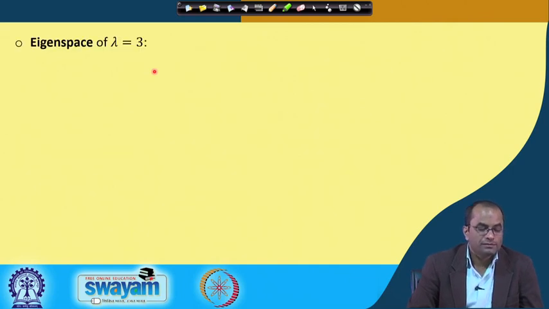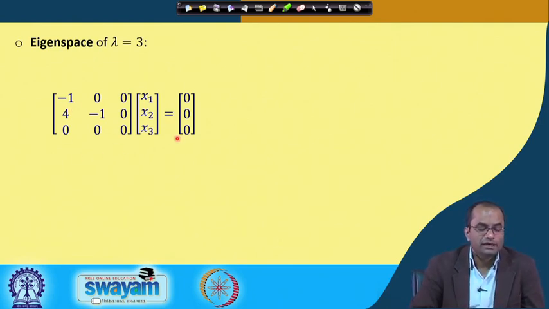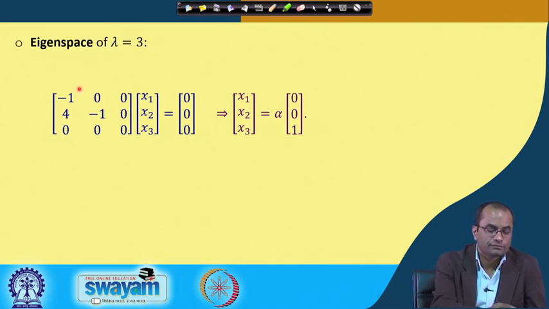Coming to the eigenspace of lambda equal to 3, we know already that there will be only one. There will definitely be only one free variable, because the algebraic multiplicity is 1, so we cannot have more than one linearly independent eigenvector. If we compute A minus lambda I times x equal to 0 and solve this system, we observe that there are two pivots.